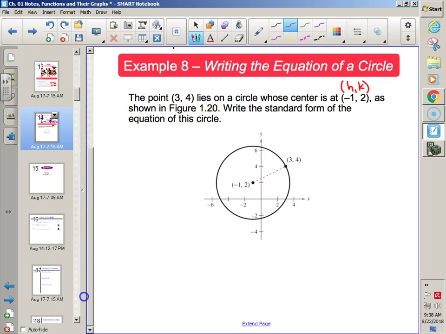Did anybody make a right triangle for distance instead of the formula? Just curious. No? Okay. That's all right. 2 to 4 is 2. From negative 1 to 3 is 4.